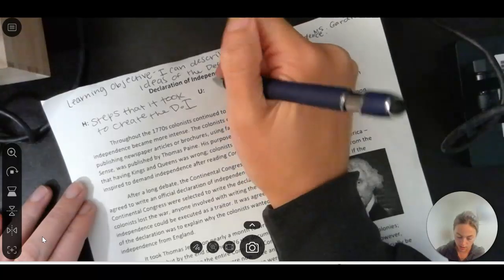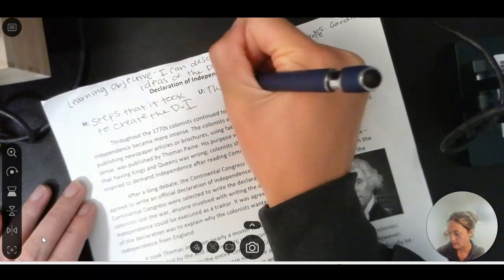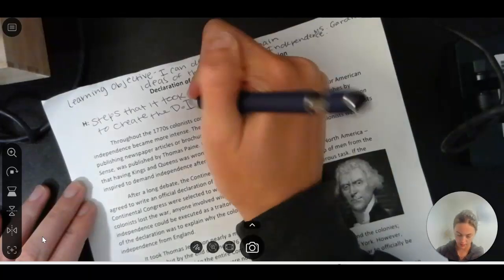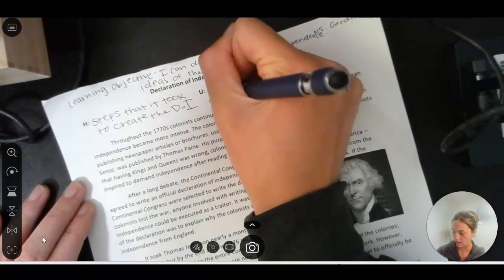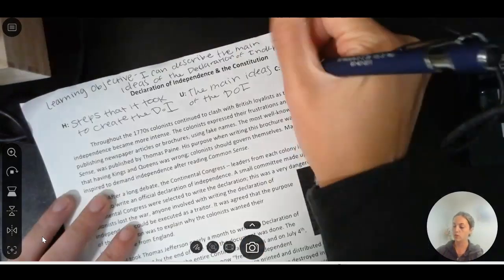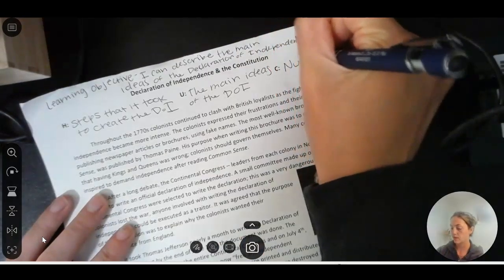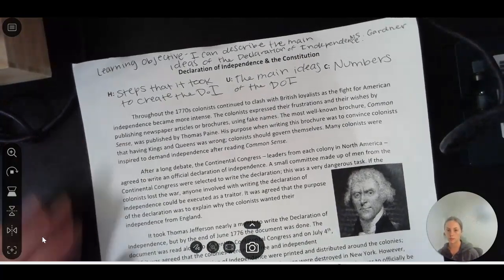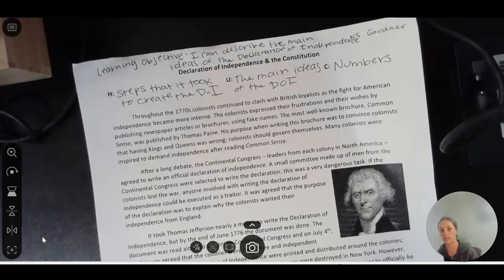We're going to underline the main ideas of the Declaration of Independence. And then we'll just circle numbers today. Numbers that we can find in the text when we are reading. So your page should look just like mine right now.